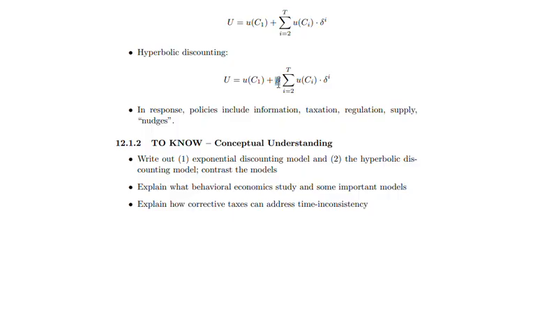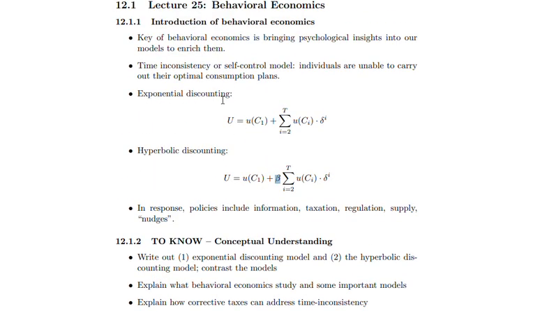We need to calculate this because in our exponential discounting function, the choice between today and tomorrow, or between tomorrow and the third day, will fall into the same pattern. But in fact, we feel like we care about today more.